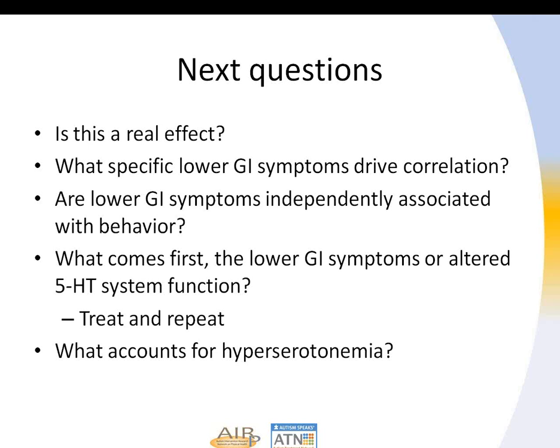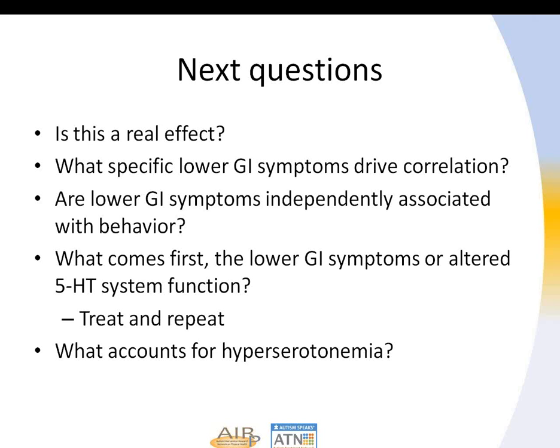Looking at GI symptoms in a quantitative way wasn't something that we really planned to do at the outset. I think it is the most powerful analysis, but we really need to understand now whether there are specific relationships with particular lower GI symptoms that may drive the correlation, and we're interested in doing that more fine-grained analysis, acknowledging that we may not have the power we'd like to have to answer that question.